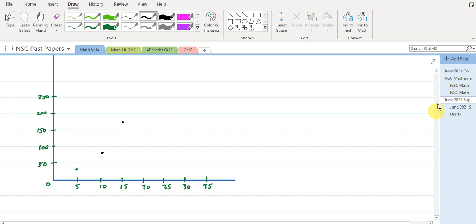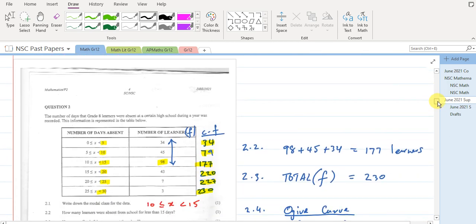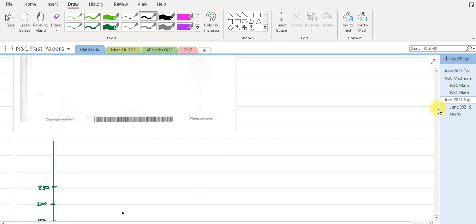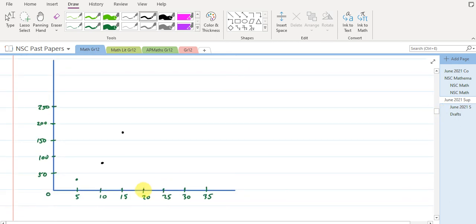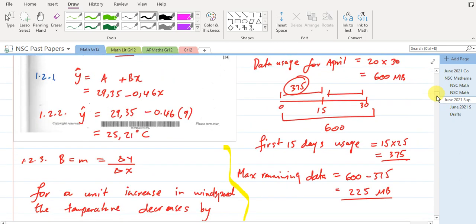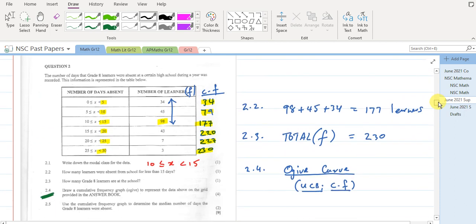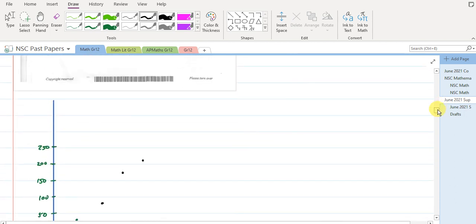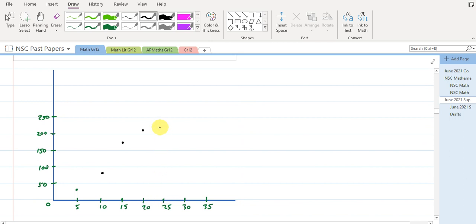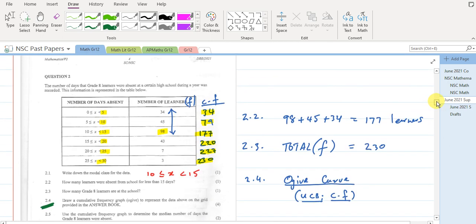Then 25 and 227, just a little bit up. Then 30 and 230. We don't have any 35s there, so we can take that off, right?